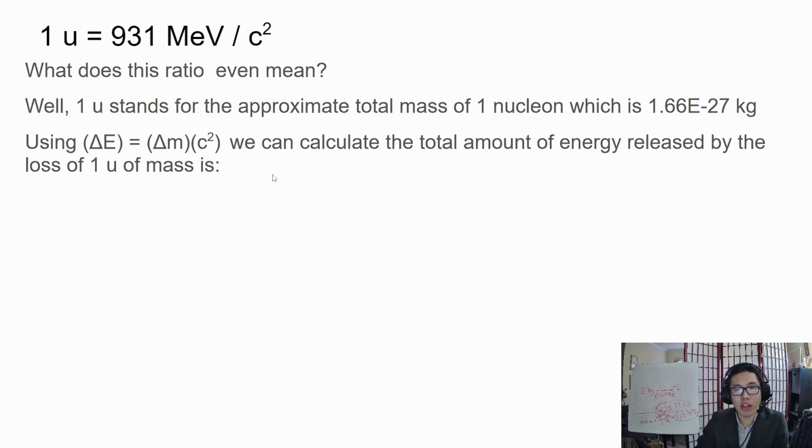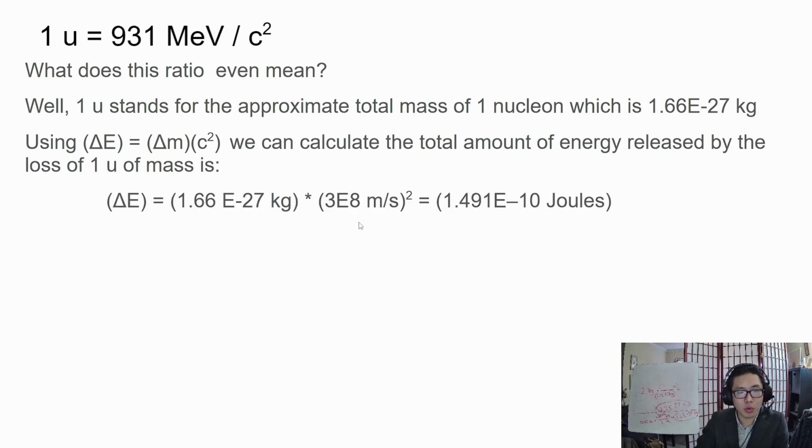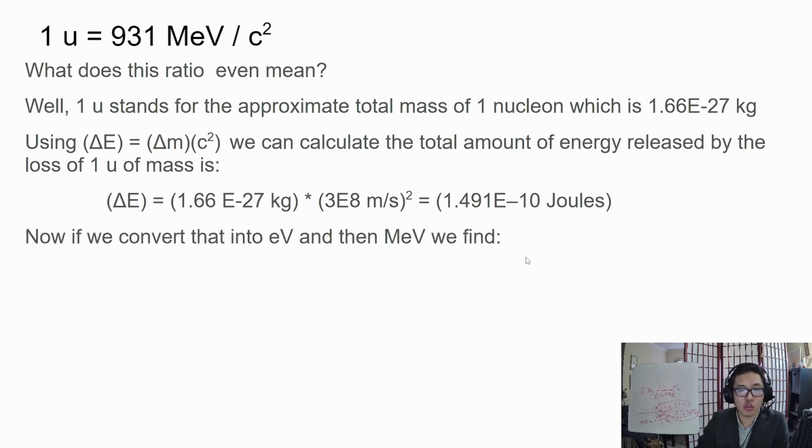Let's look at how much energy is released if we change exactly 1 nucleon worth of mass. So we're going to do this in standard units. The change in energy is going to equal the decrease in mass by this many kilograms times 3 times 10 to the 8th meters per second, squared. This is a total of 1.5 times 10 to the negative 10 joules.